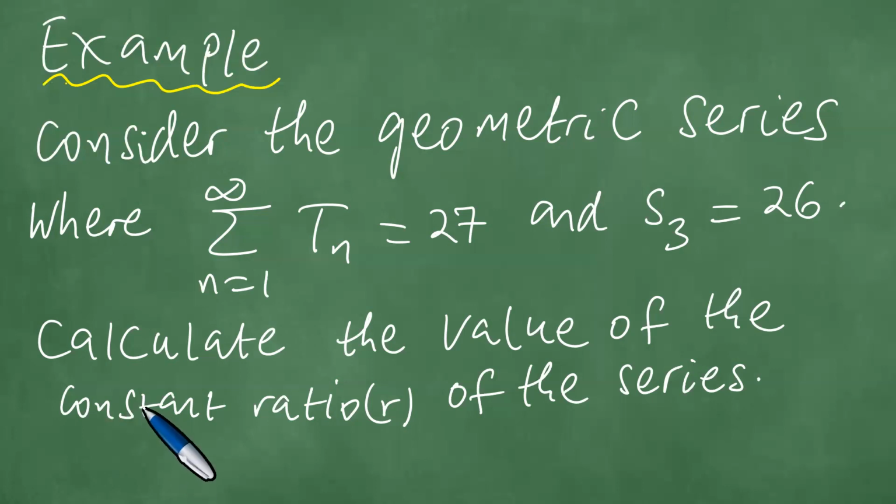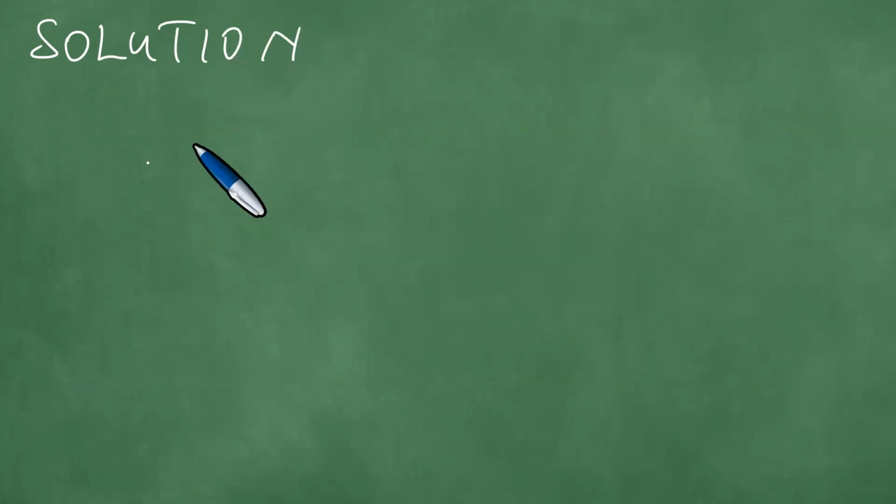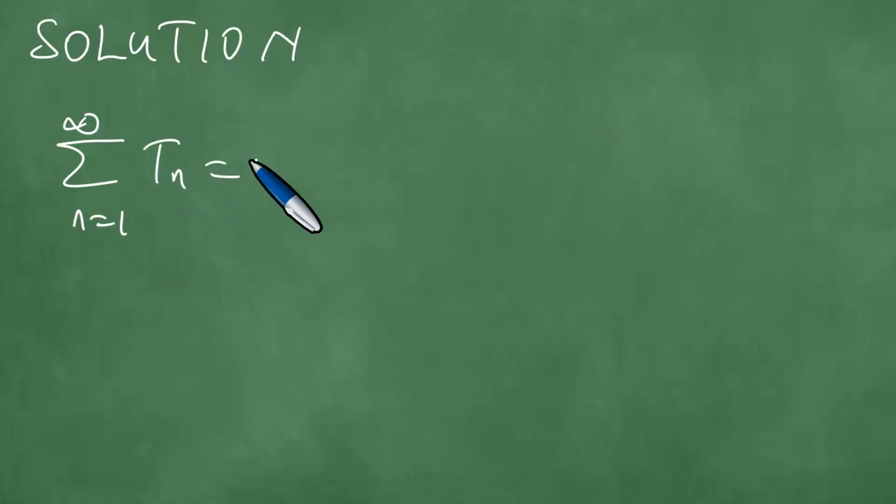Slightly tricky question. But now, because here you have this sigma from 1 to infinity, it means S infinity is 27. As you're looking for the solution, you know that the infinite series from n equals 1 of t sub n equals 27. And what does that mean?